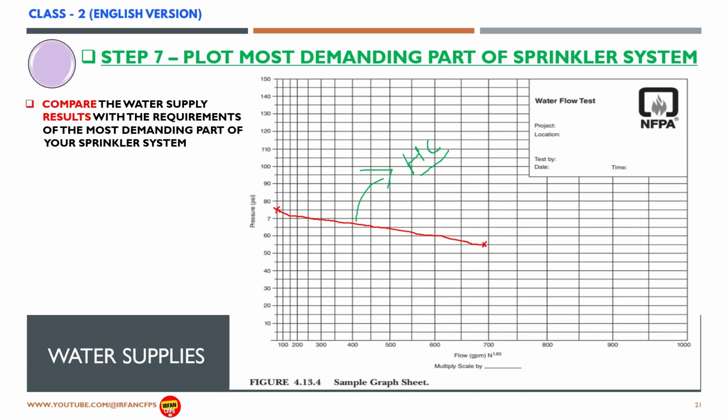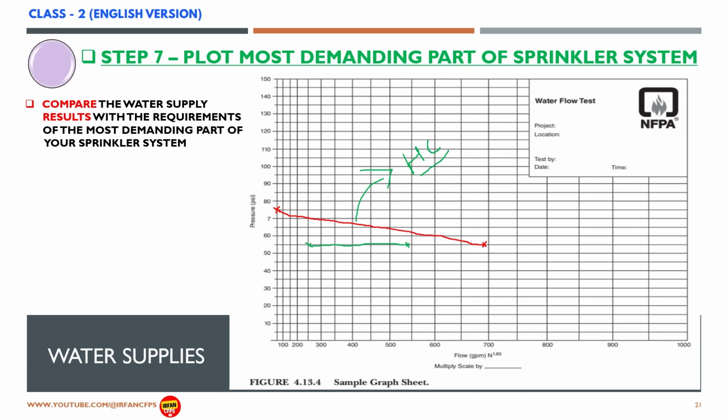Let's say, based on our hydraulic calculations, our system pressure requirement is 55 psi at 540 GPM, which comes around this point, and considering the hose allowance of 250 GPM, let's say for ordinary hazard, it will be coming here. Then we will join these 2 points.